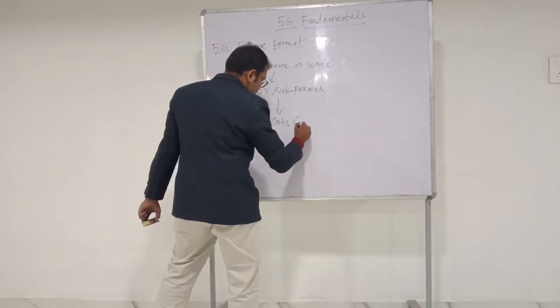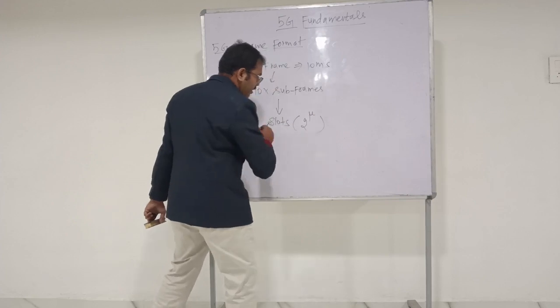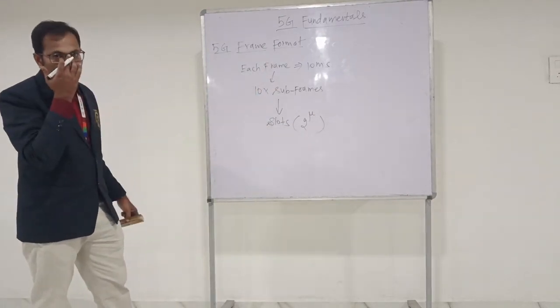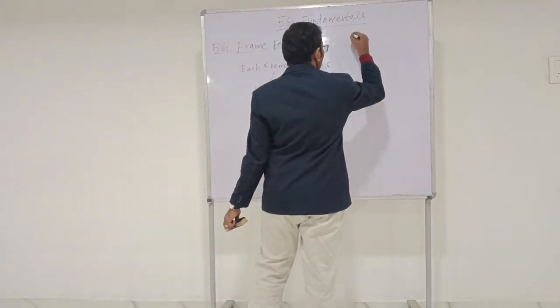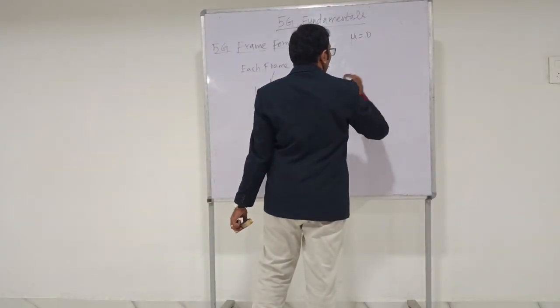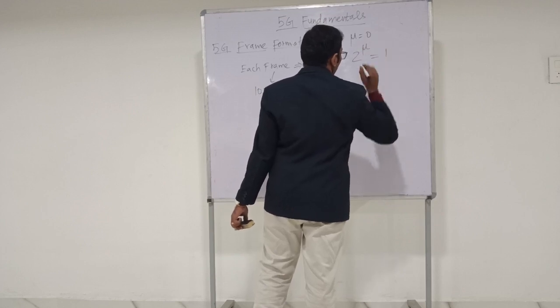These slots ultimately depend on the OFDM parameter or numerology, so 2 power mu slots will be there. For example, let me take mu equal to 0. The value of mu is 0. What about 2 power mu? It is simply 1.